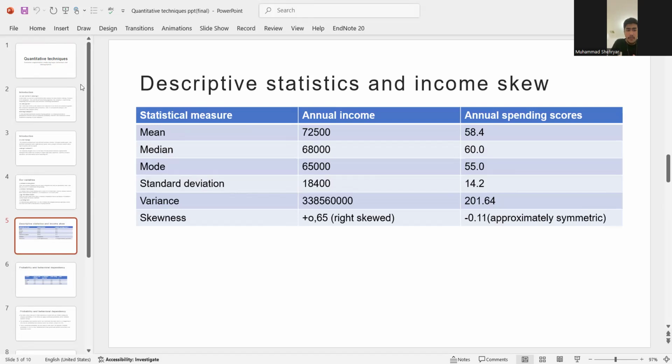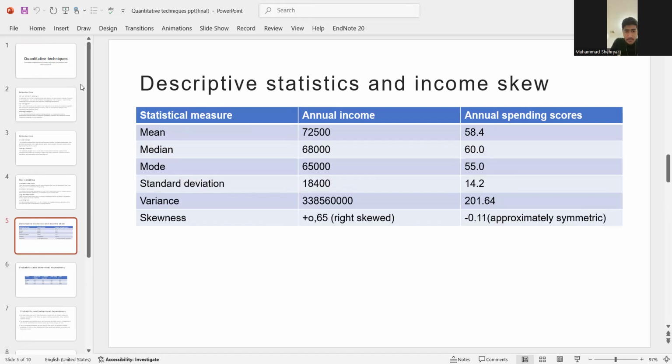For annual spending, our mean is 58.4 and the median is 60.0, which is near zero skew. The metric is almost symmetric, which means our customer engagement scores are evenly distributed.